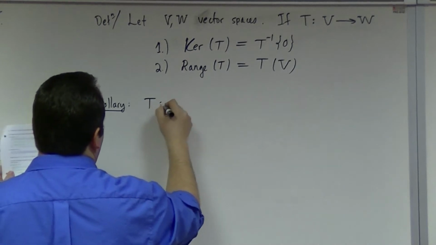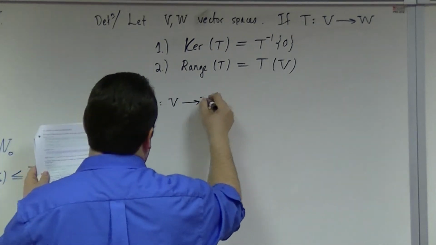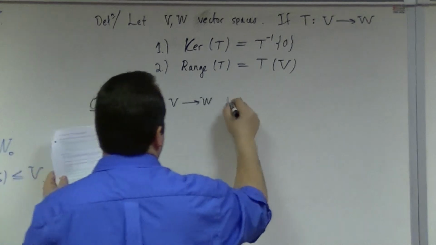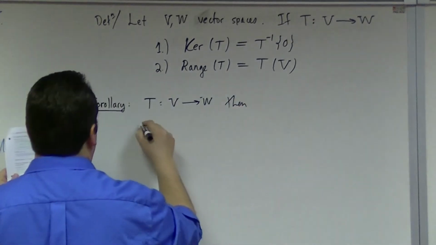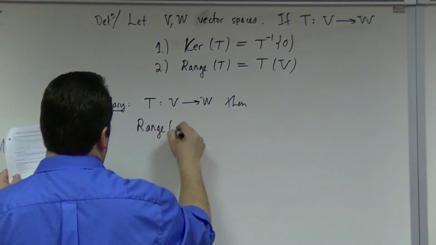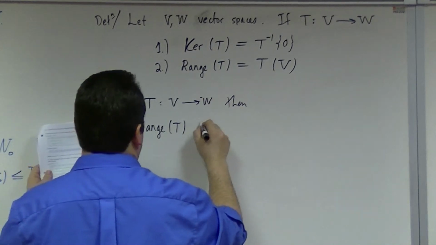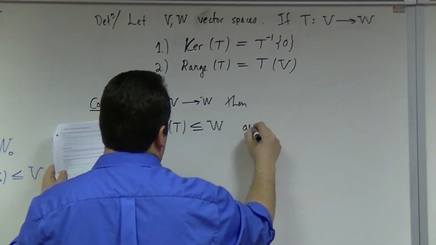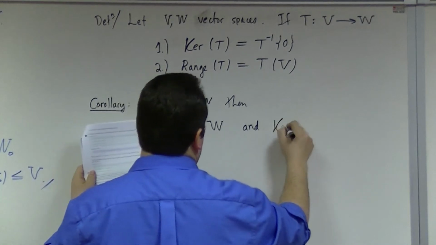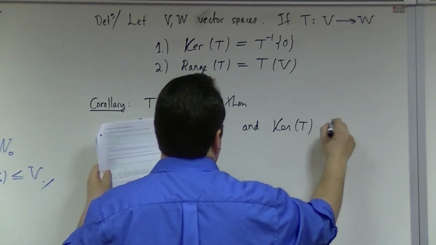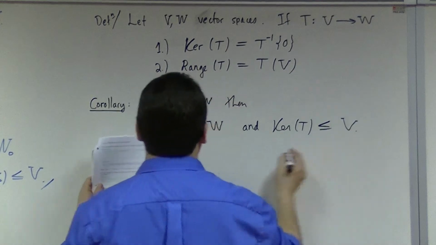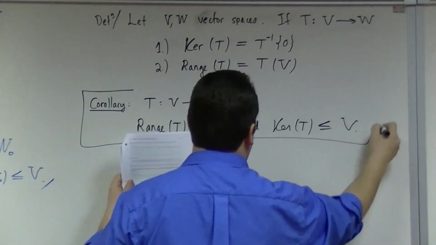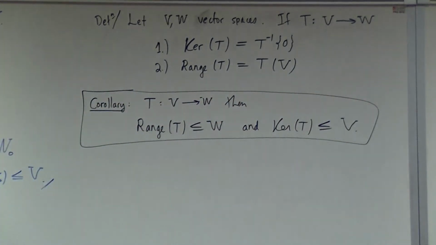Anyway, if T is a linear transformation from V to W, then the range of T is a subspace of W, and the kernel of T is a subspace of V. This comes from looking at the very silly subspace of 0.